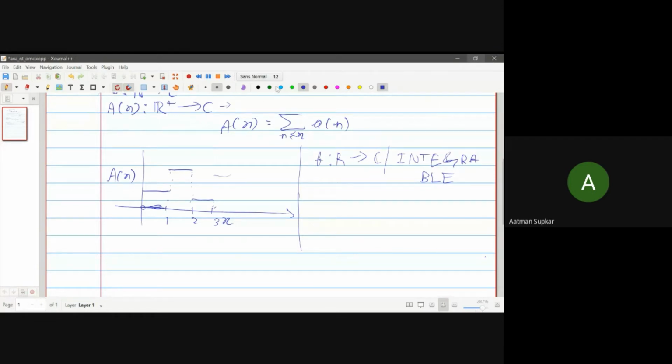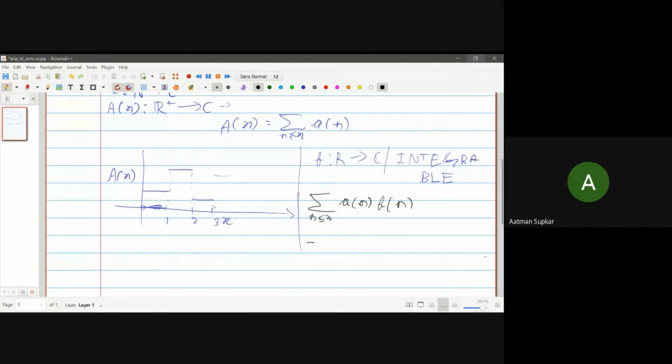Anyway, let me write the main lemma in a different color. Summation n less than or equal to x of a n f n. So here's what I claim.